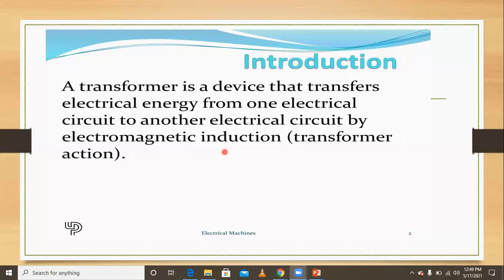Because voltage is increased to reduce the losses. Using these transformers only, it is possible to increase the voltage levels. At the generating station only 11 kV or 22 kV is generated by the generator, but this voltage can be increased to 132 kV, 220 kV or 765 kV by using transformers only.